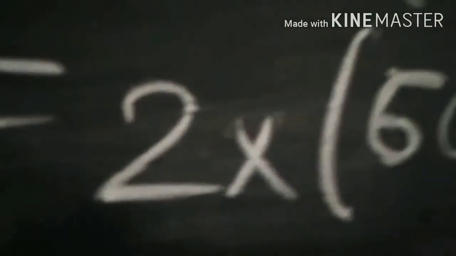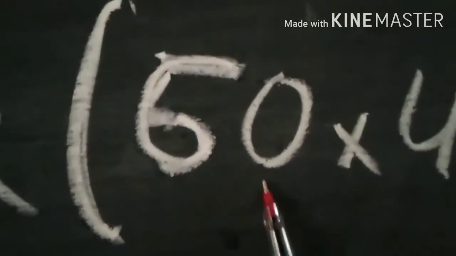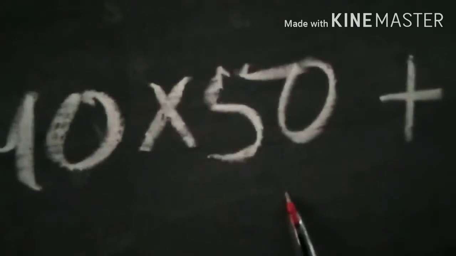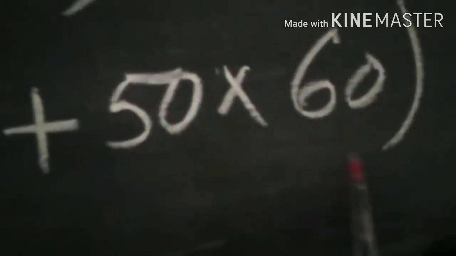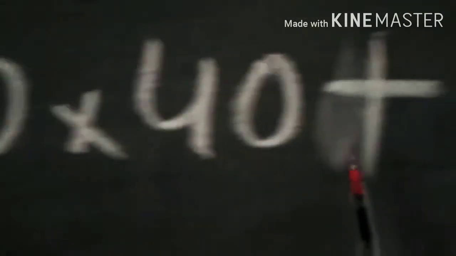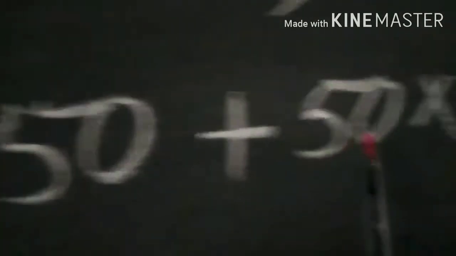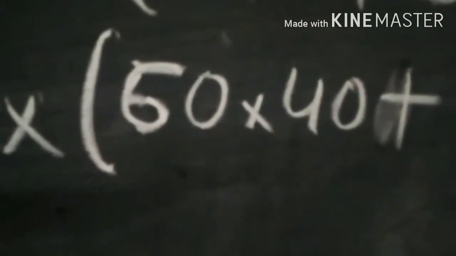The value of L is 60 centimeter, the value of B is 40, then plus 40 into 50 plus 50 into 60, that is, L into B plus B into H plus H into L.